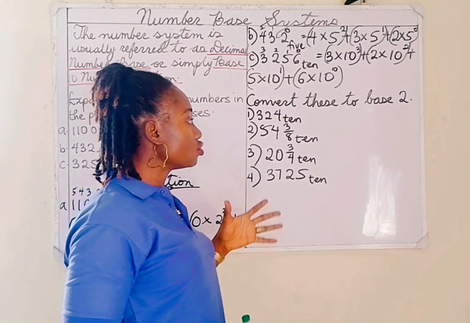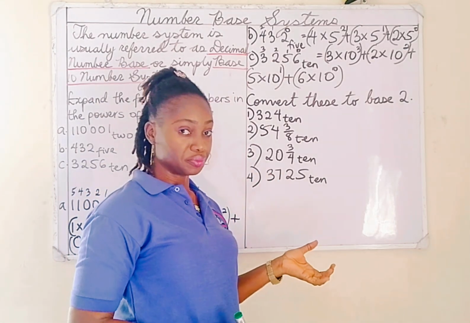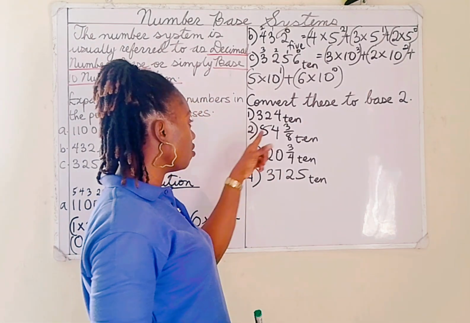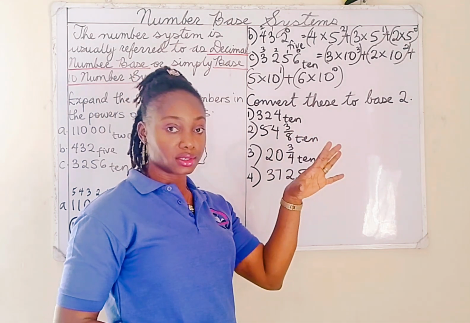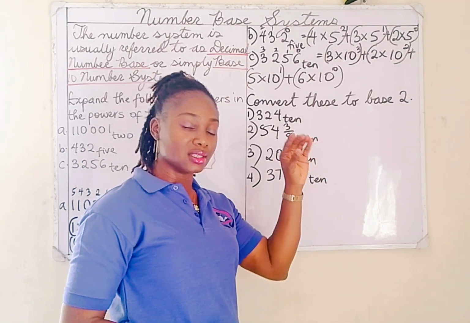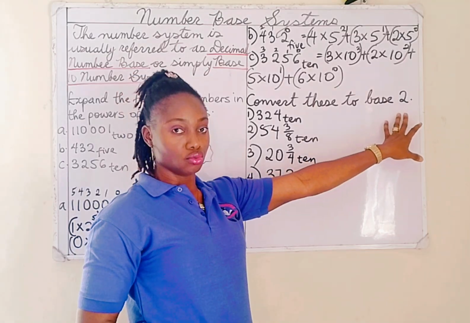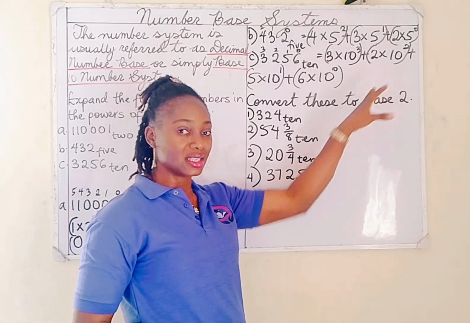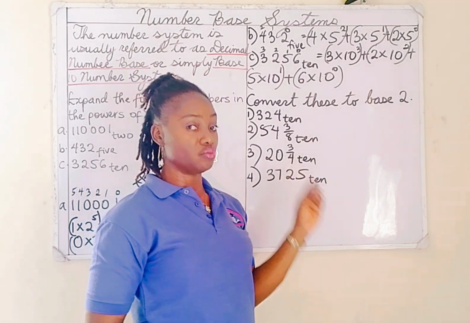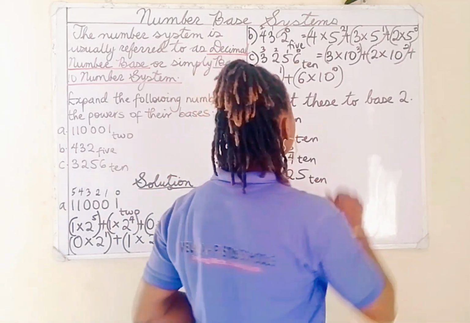Now, what are we going to do with these numbers? First of all, we're going to convert each of these numbers using the division rule of dividing them by 2. By doing so, we are converting these base 10 numbers to base 2. Let's continue.